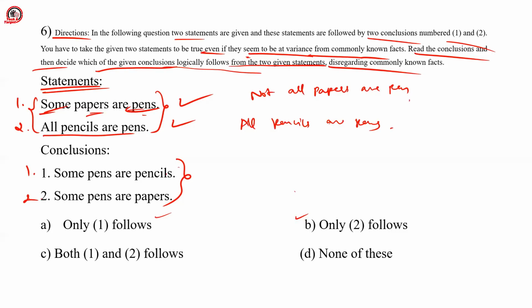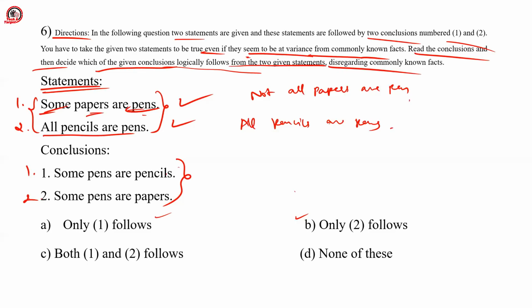This is the meaning of this statement. If there is any pencil, it is also a pen. But it does not mean that all pens are pencils. It so happens that if it is a pencil, then it is a pen. It does not mean that if it is a pen, then it is a pencil. This is not the case. What they are telling you is, if it is a pencil, then it is a pen. But at the same time, they have given about papers also.